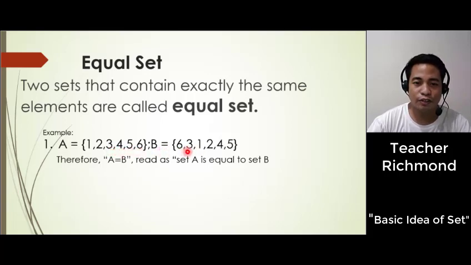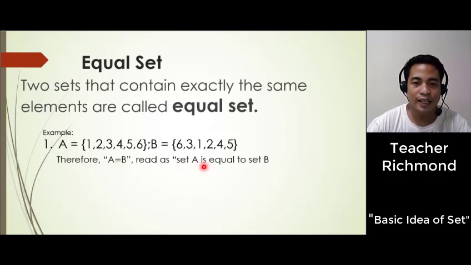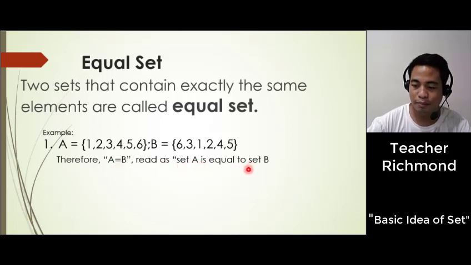We have 6, 3, 1, 2, 4, 5. Do they have the same elements? Yes. Therefore, set A and set B are equal sets. If you write it in mathematical symbols, it looks like this. Read as set A is equal to set B.